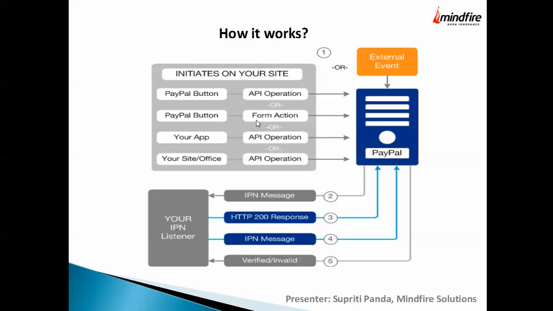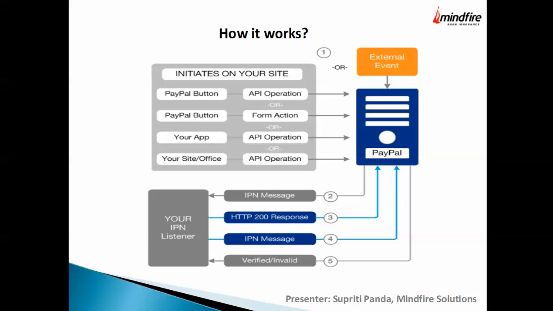First the request is made to PayPal, then PayPal sends an IPN message to your server's listener script. What is this IPN message? It contains all the parameters from processing the payment.